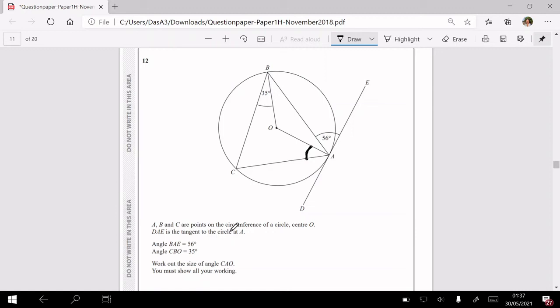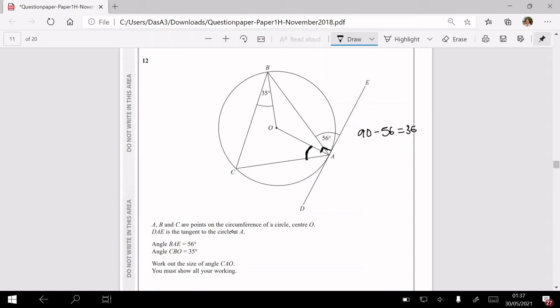The first thing first, you need to find angle OAB. So you know straight away that this is 90 degrees, right? Because of the rule that when a radius and a tangent meet, it creates a 90 degree angle, which means you can work out this angle. So 90 minus 56 is equal to 36.